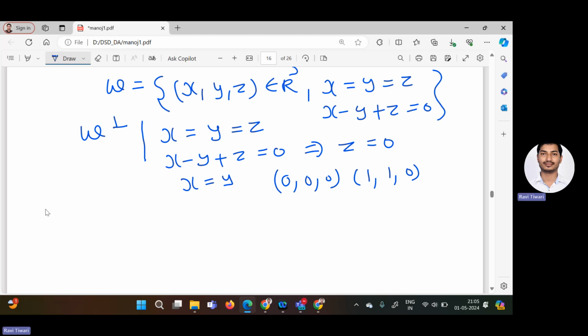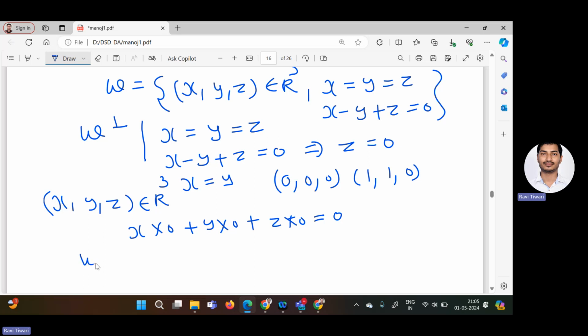Because W we have chosen from R cube, you can assume X, Y, Z, a random vector belonging to R cube. According to the definition of W complement, the inner product of this and this should be 0. So what do you get? X into 0 plus y into 0 plus z into 0, which equals 0. So what will be W complement? We can choose any random vector of R cube, any three-dimensional vector, and multiply with 0, 0, 0.